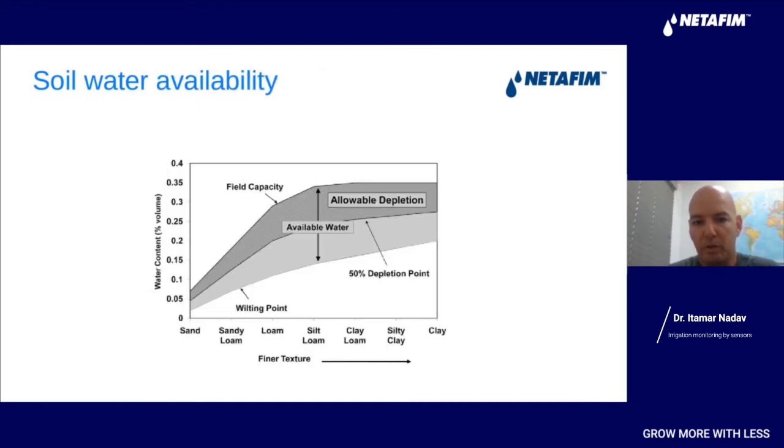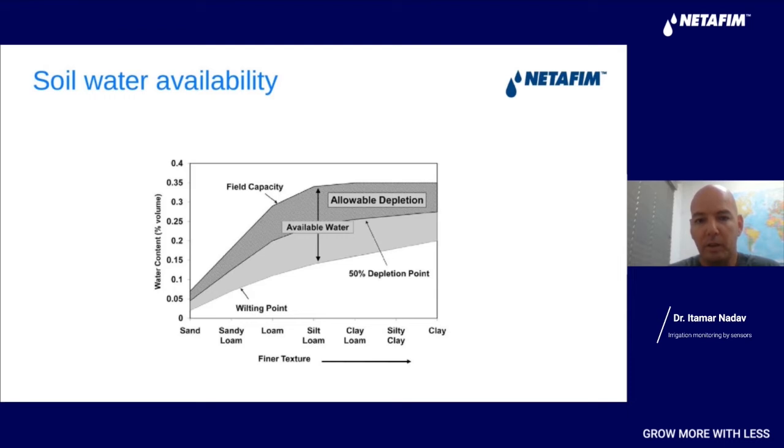And if you look at this graph, this is just a graphic of the numbers of the table that you saw before. You can see that the total available water of sandy soil is much lower than of clay soil. And here you can also see the allowable depletion that we allow, which is defined as 50% or sometimes even less.